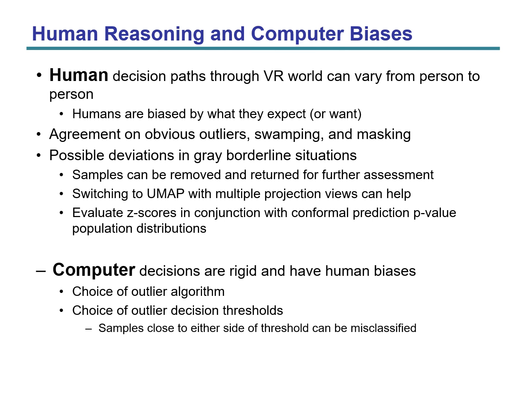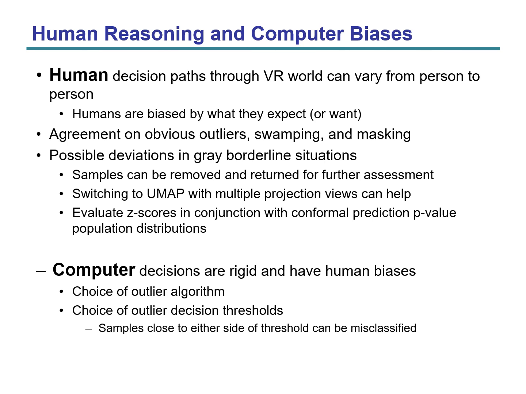But we think we can circumvent that, or get more common agreement from person to person, because of our iterative process. You can remove samples and put them back for further assessment. And so for those gray situations, we can see what the effects are by keeping the sample in or removing it.